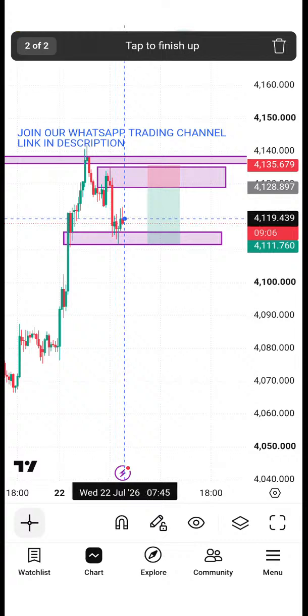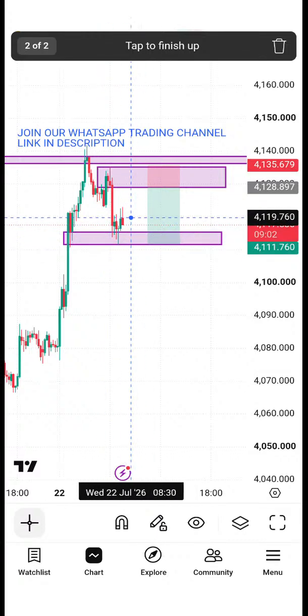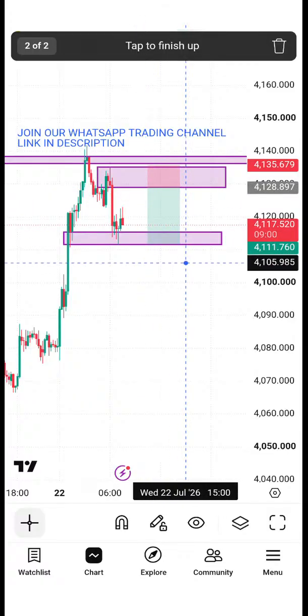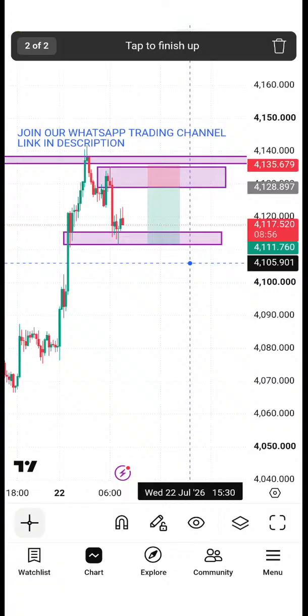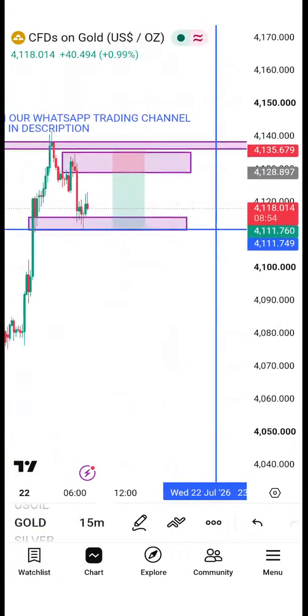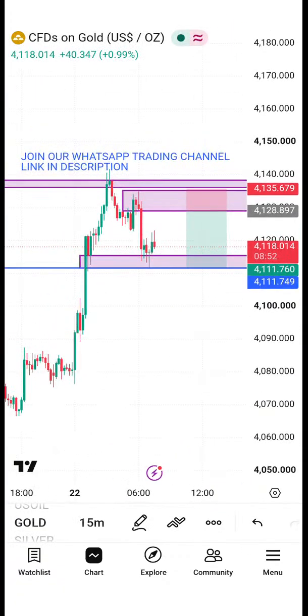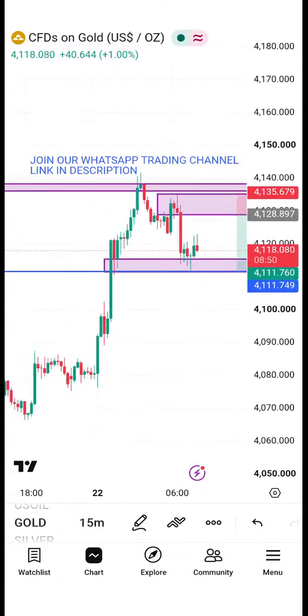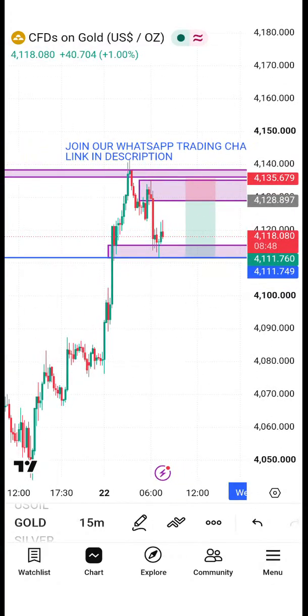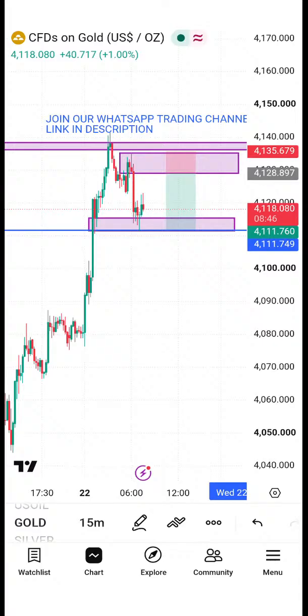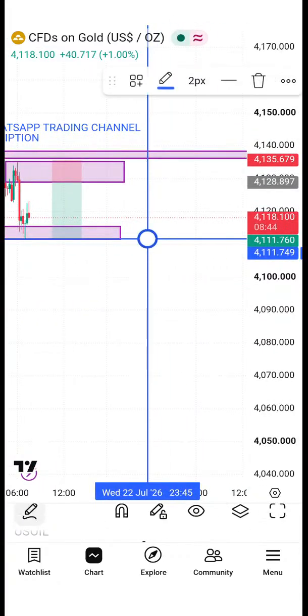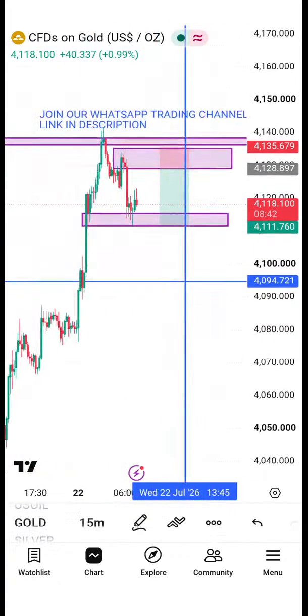Some are being tempted to buy gold right now. They are being tempted to buy gold to this area. But it's still very early for you to execute a buy, to be honest. A short-term buy, it's early. Rather look for a buy around this area, guys.